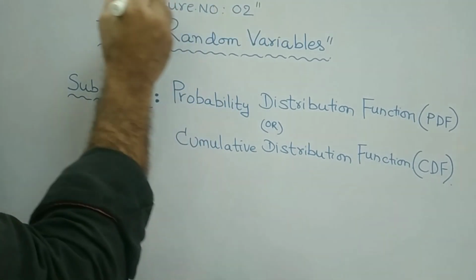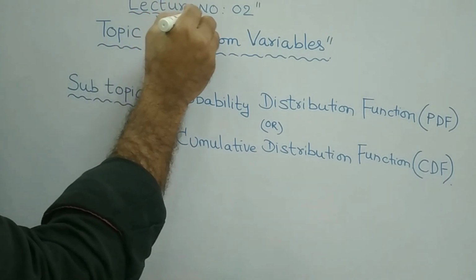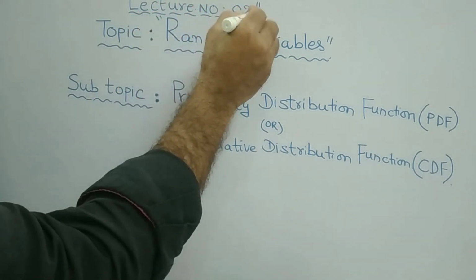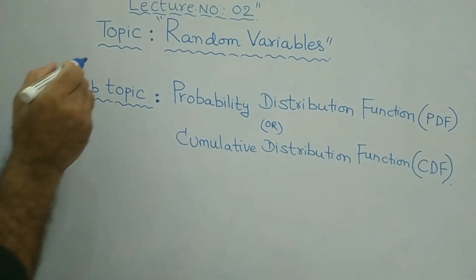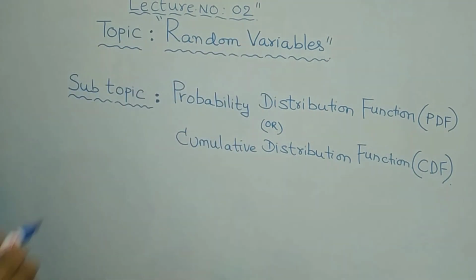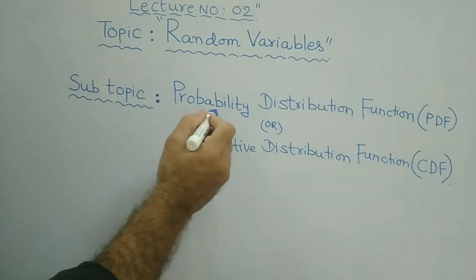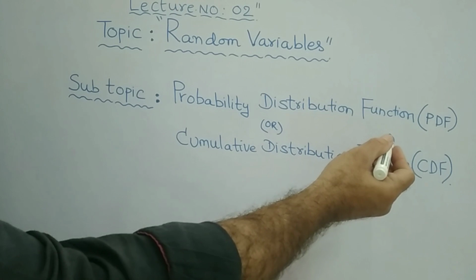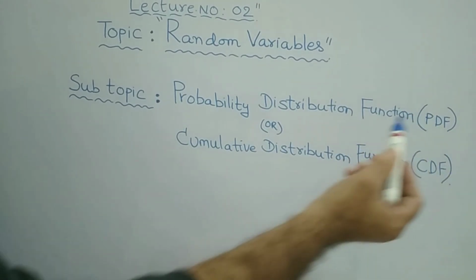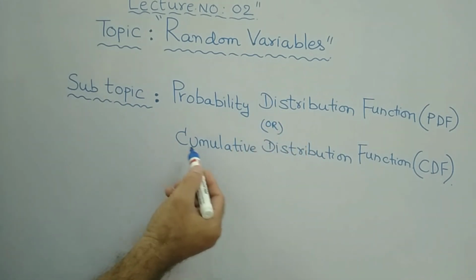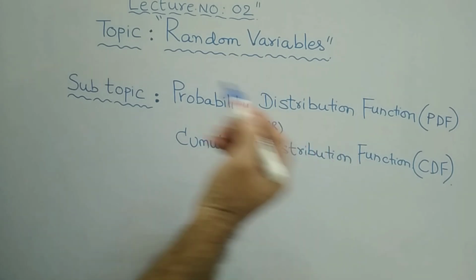In this lecture number 2, we are going to see some more information on random variables, and the subtopic is the probability distribution function, denoted by capital PDF, also called the cumulative distribution function, CDF.